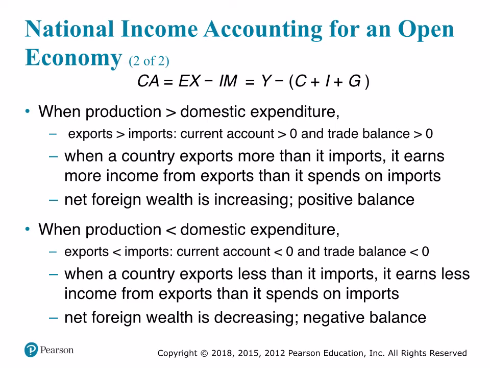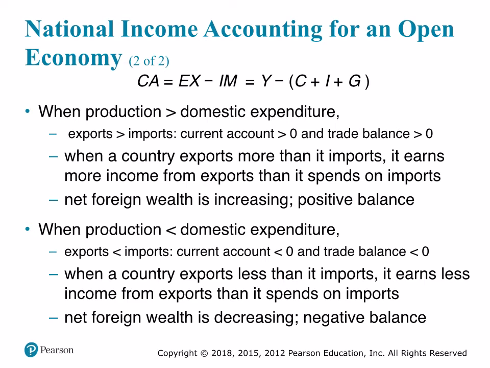So when a country exports more than it imports, it earns more income from exports than it spends on imports. Therefore, we say that the net foreign wealth of the United States is increasing, or it has a positive trade balance.